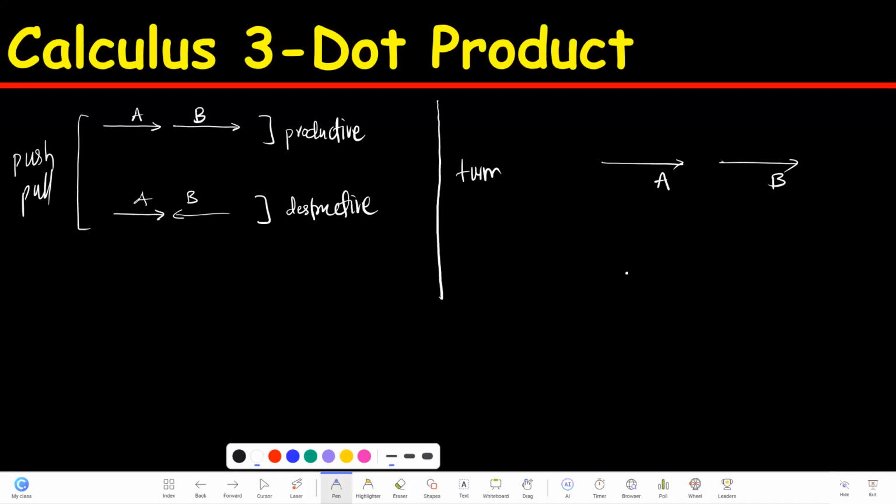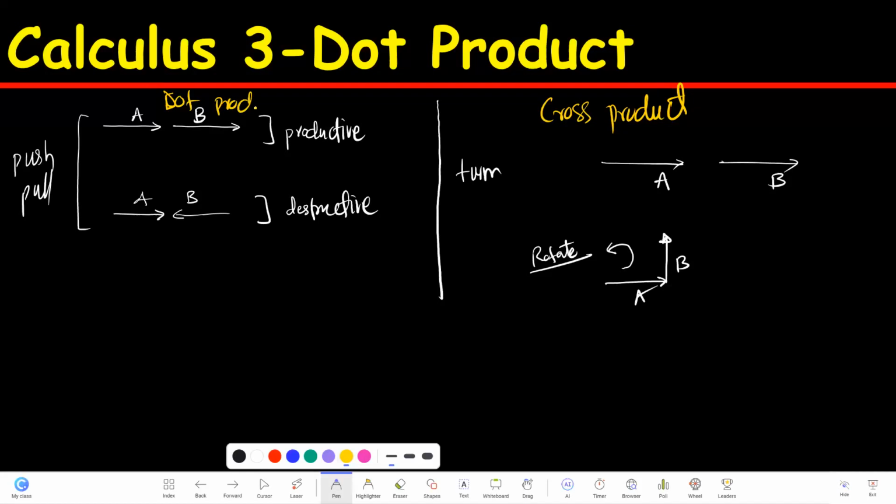No, they could not. But if vector A is here and vector B is here, they can turn each other this way. They can rotate each other. When I'm talking about rotation, I use a thing called the cross product. And when I want to push or pull something, I use the dot product.